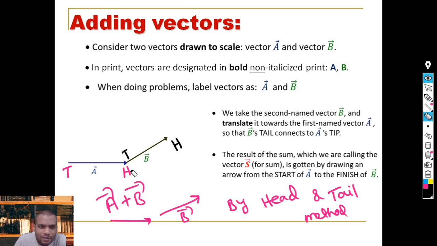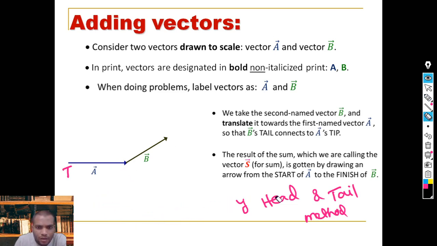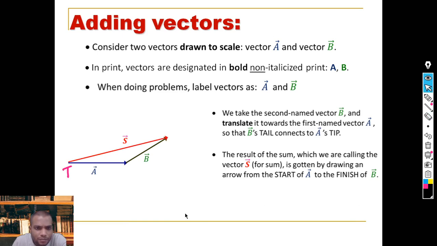Now these two vectors are combined head to tail here. To draw the resultant vector, we draw it from the tail of the first vector to the head of the second vector. So the resultant of these two vectors will be S, so S bar equals the resultant of A bar plus B bar.